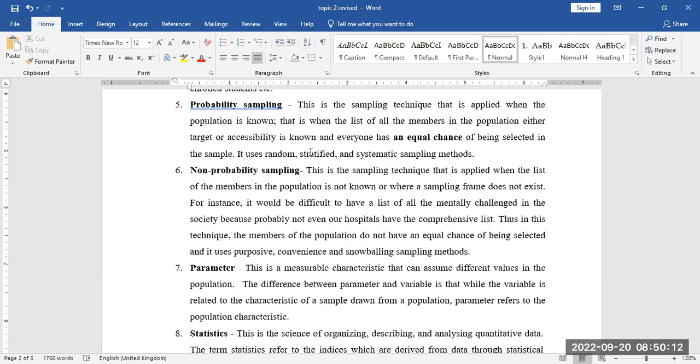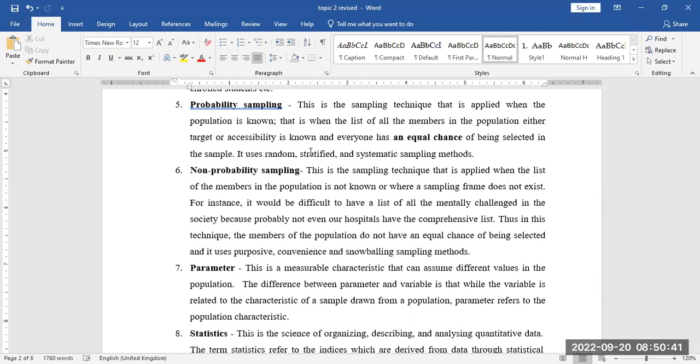Some of you got it, and some of you it went haywire. But probability simply means the likelihood. For example, when you toss a coin, the likelihood that it will be a head is a half, and the likelihood that it will be a tail is a half. Therefore, in probability sampling, all the items in a population have an equal chance of being selected.